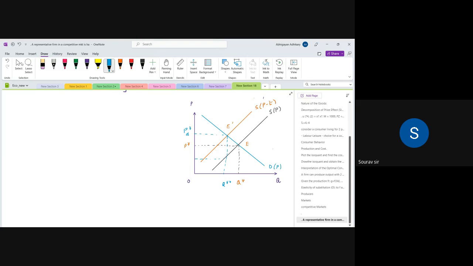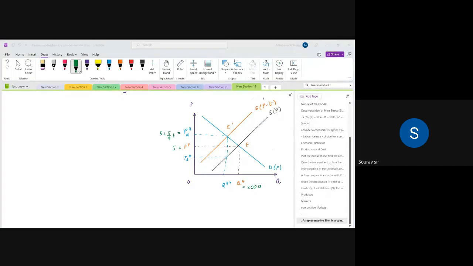The supply curve is more elastic, I think. Yes, typically. So the answers that we got were PS star is 5, QS star is 2000, the market supply, and the PD post-tax market price is 5 plus 5 by 9 T. Is it fine? These are the informations that we have got till now.